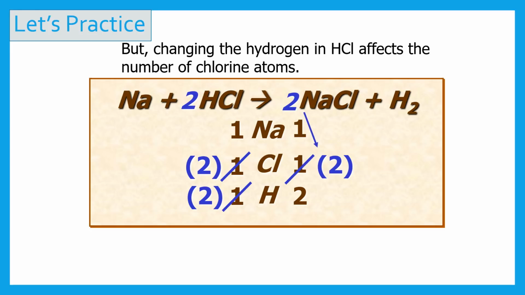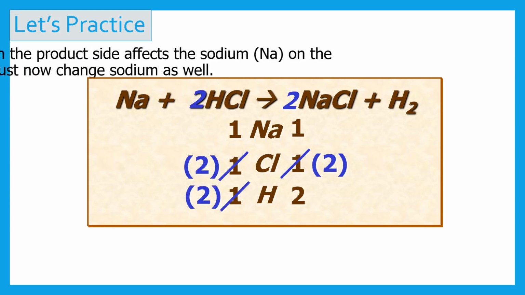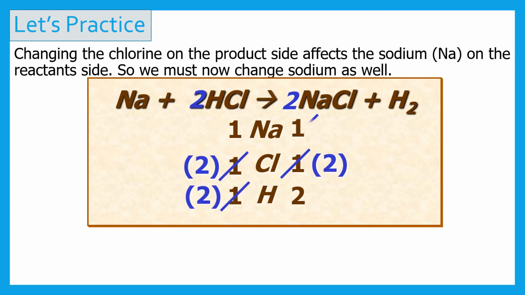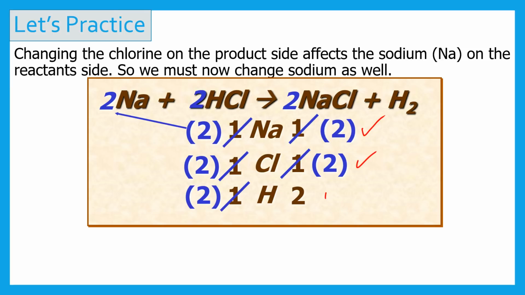So we'll add that coefficient, but it's also going to affect the number of sodiums, which is now 2. Now we have to fix another issue. So we have to fix the sodium. So we'll put a coefficient of 2. And there we go. We check out 1, 2, 3. So we have all of those ready to go.